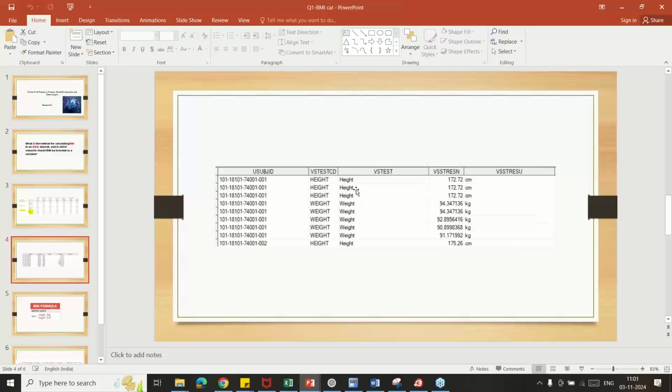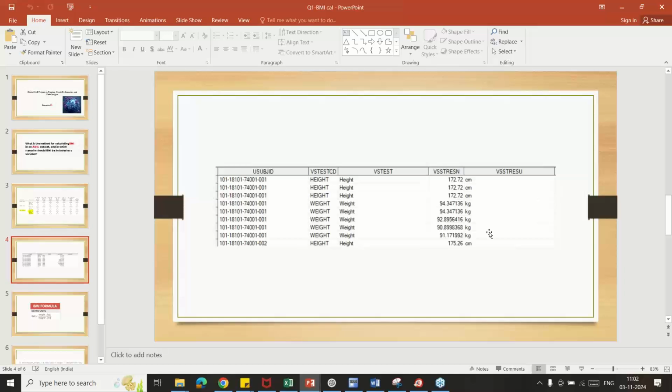After conversion, whether it was originally in lb or meters or something else, this is a standard variable and it should follow SI units. So this is centimeter, this is the kg. VSSTRESN is the standard result numeric version and VSSTRESU the standard result units.